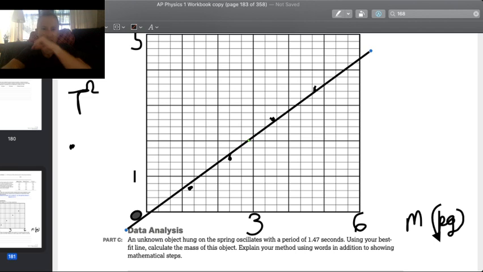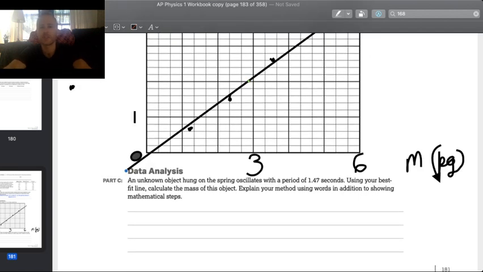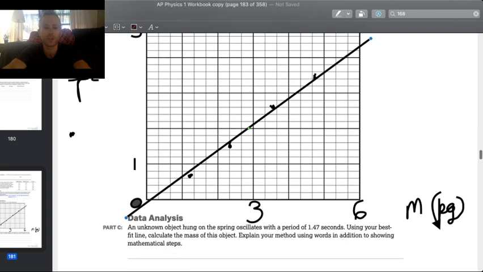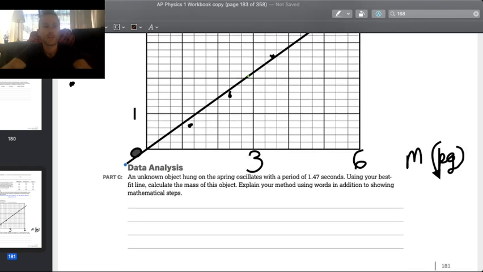An unknown object hung on the spring oscillates with a period of 1.47 seconds. Using your best fit line, calculate the mass of this object. So notice how we have period squared on the vertical axis. So what I want to do is calculate 1.47 squared equals 2.16.